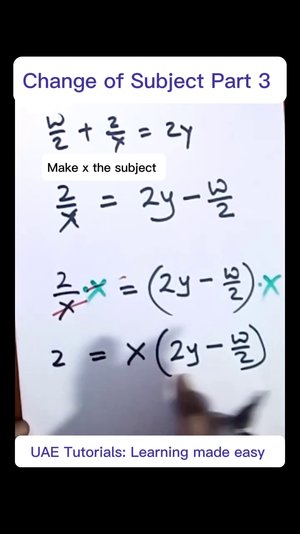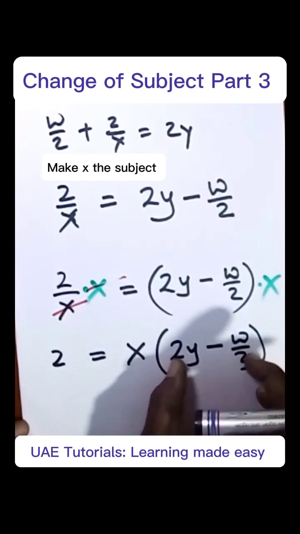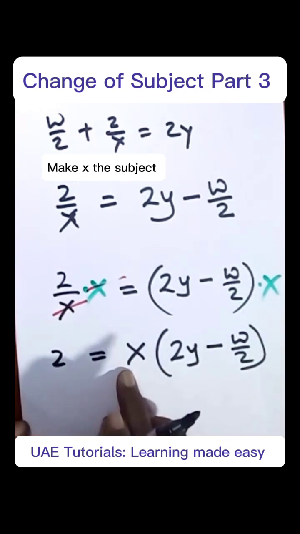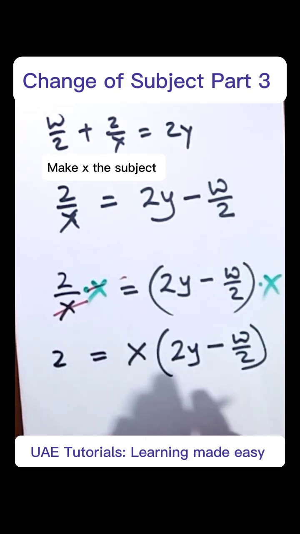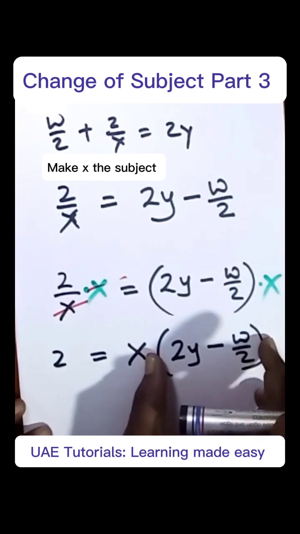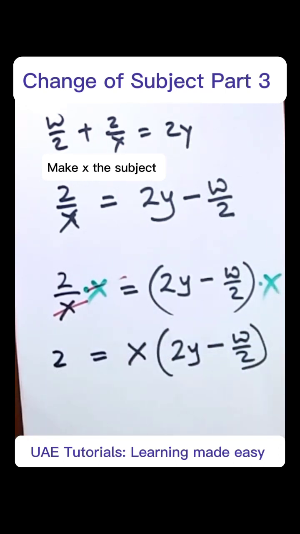And I want to free x. This entire expression 2y minus w over 2 is attached to the x with a multiplication bond. So all I need to do is to divide both sides of the equation by this expression, and that will free x to be on one side. Our objective is to make sure that x is on one side of the equation.